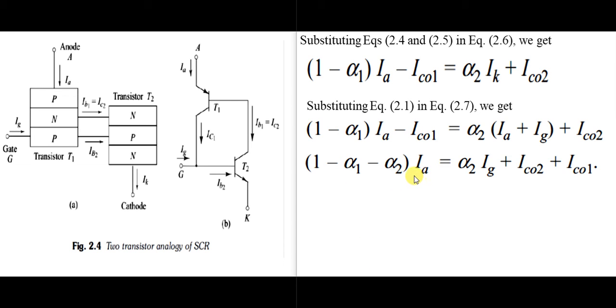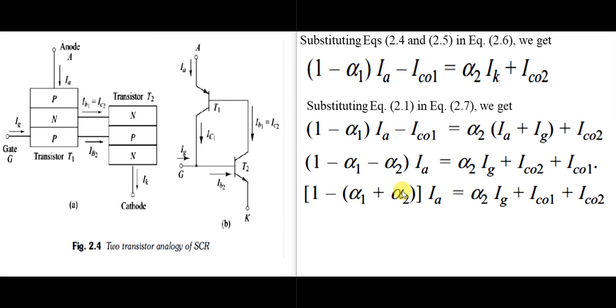It's a simple mathematical calculation. I have opened the bracket, solved it, and this is the equation. Again I have solved it: 1 minus (alpha 1 plus alpha 2) whole bracket IA equals alpha 2 IG plus ICO1 plus ICO2. I have written it in sequence.